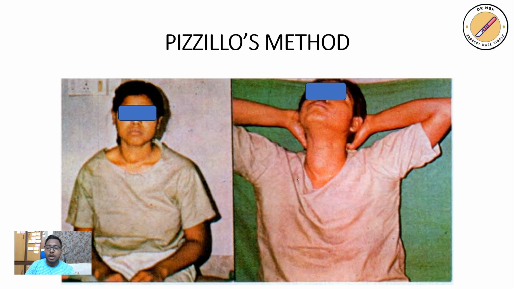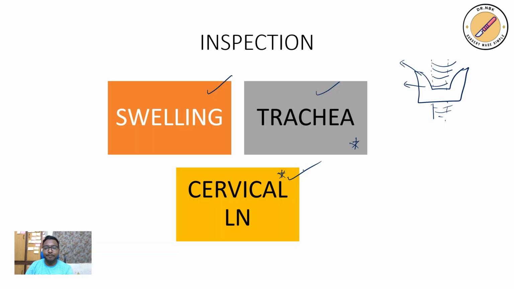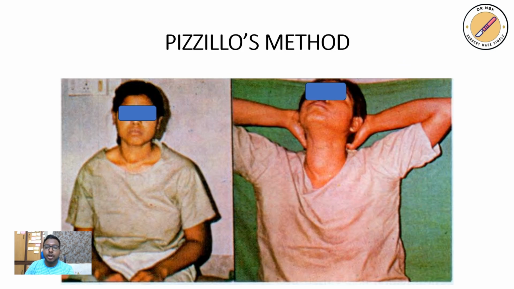So the first one. So the standard method of thyroid examination is that usually, in case of inspection, you will stand in front of the patient or by the side of the patient, and you will examine for all the inspectory findings. Whereas in case of short-necked individuals, it's not that easy to check for the findings, right?